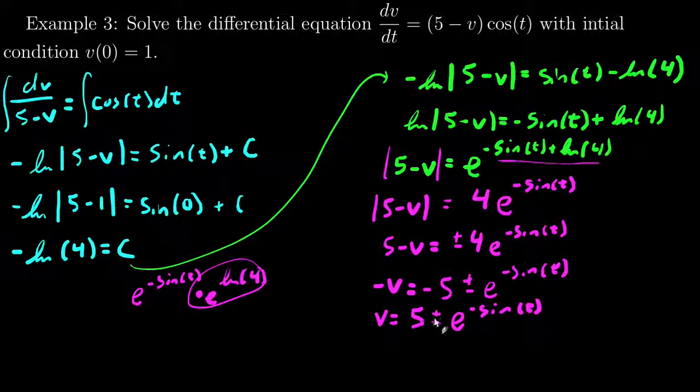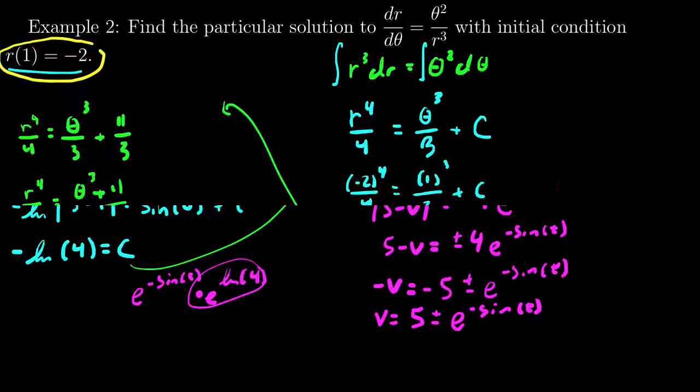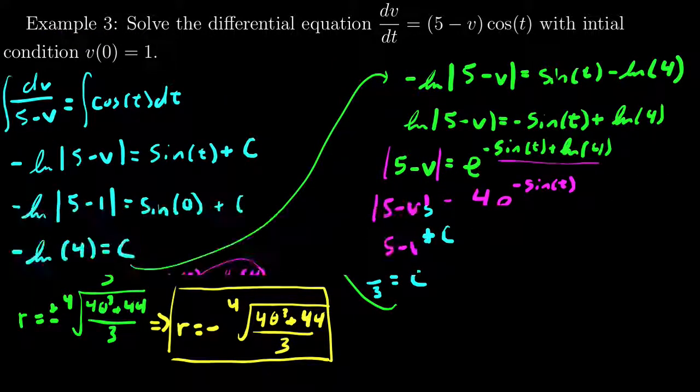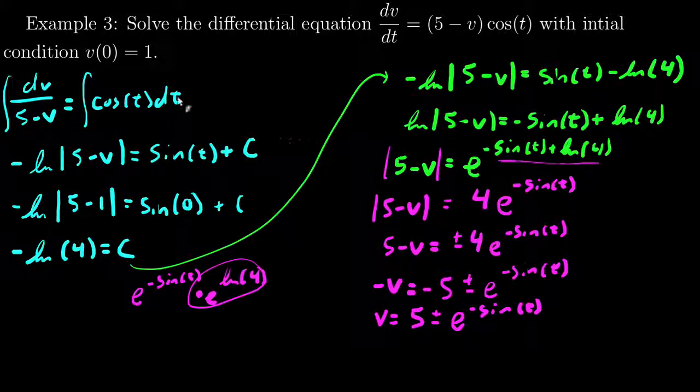But like before, I need to figure out which one to use. Before, let me flip back to this problem, this was negative, so this was negative. But that's not always the case. That's not the way I explained that one. Same thing happens here. When I put in 0, I want my output to be a positive 1. Sorry, this should have 4s.